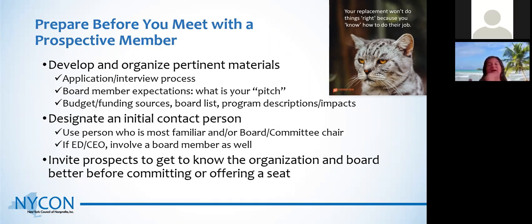So really think about your pitch, what you want to say to someone. It's a great thing to say to people, we are a board that works really hard. We're committed and passionate about our organization. And we think you have some amazing skills that can really complement our board. And we'd love to talk about whether that's a good fit for you and for us, and how you might help our organization.